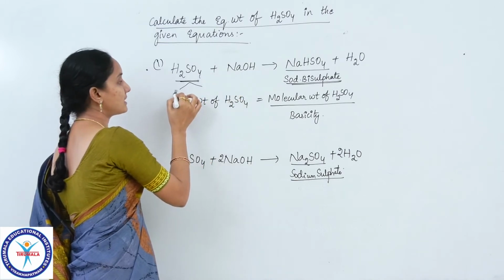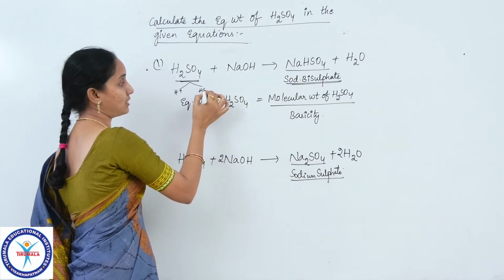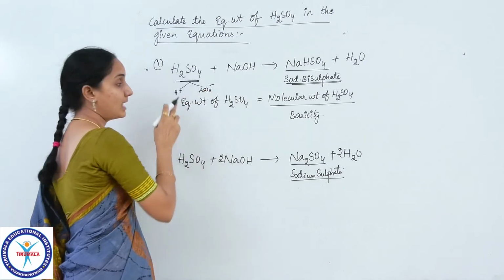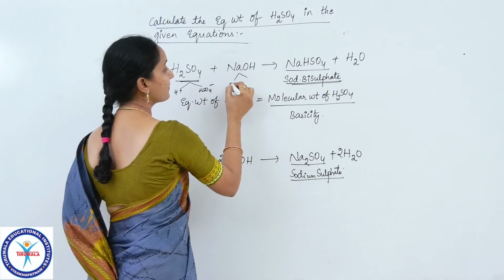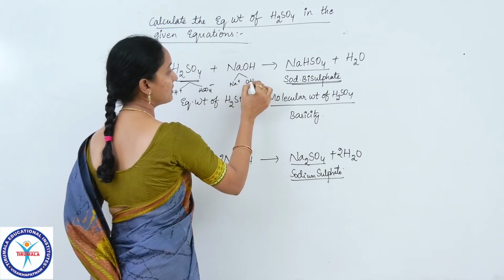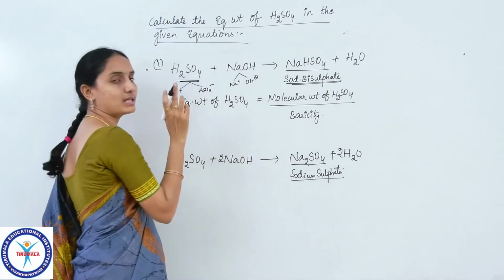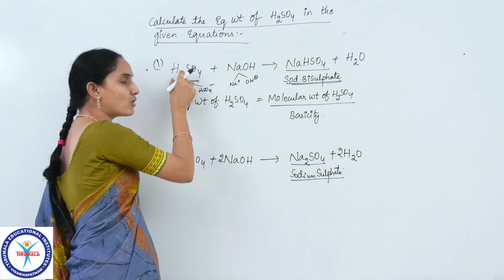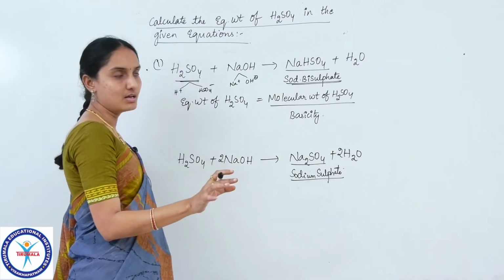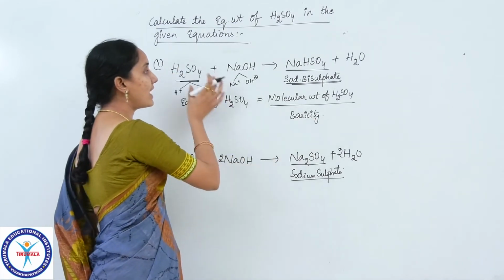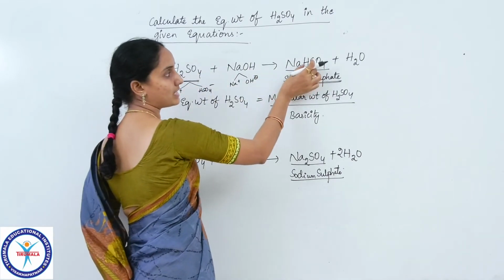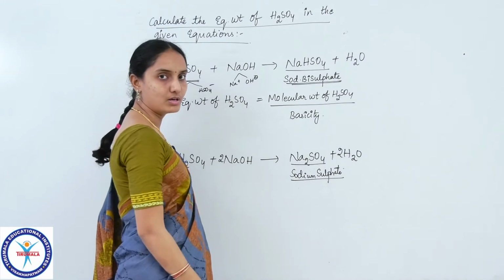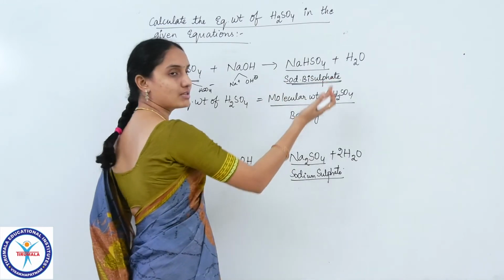So it is just splitting into H plus and HSO4 minus ions. H plus and HSO4 minus. And here it is Na plus and OH minus. Now sodium is displacing only one hydrogen and only one hydrogen is leaving as H plus. So that basicity value according to this reaction, because still one H plus is left over with H2SO4 as HSO4.